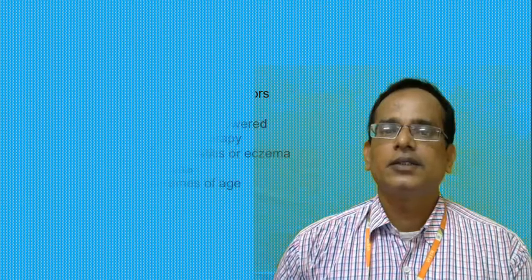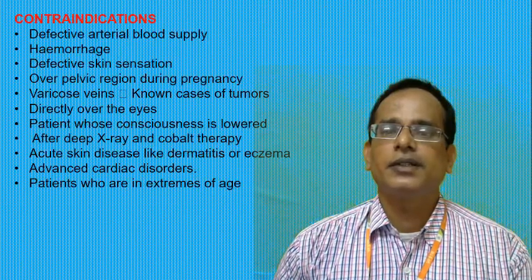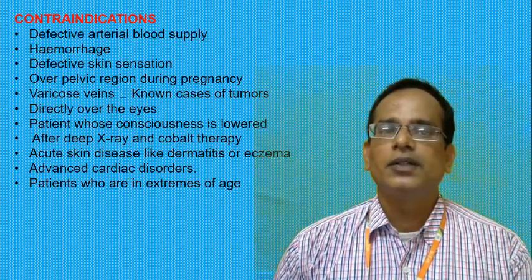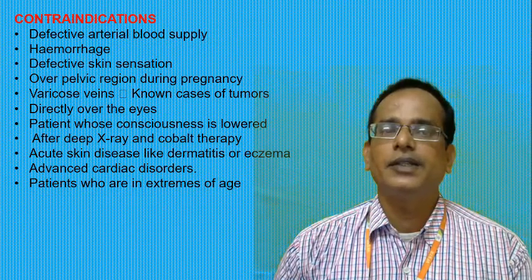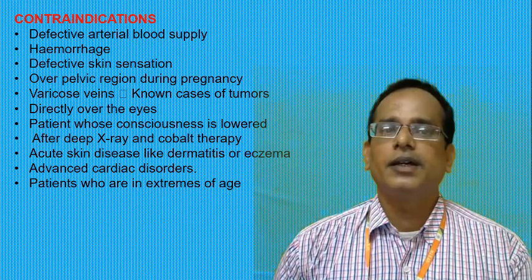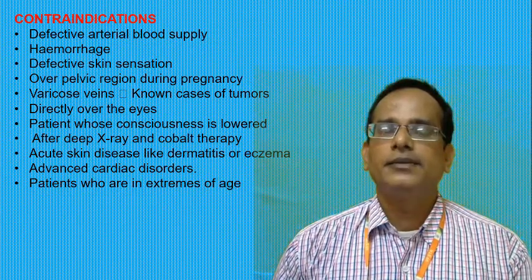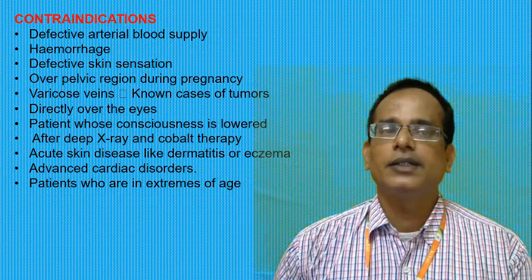Next you have the contraindications. The contraindication part is very important. Who should not go for this kind of therapy? Very very important. They should avoid this therapy if they have the following conditions in their body.